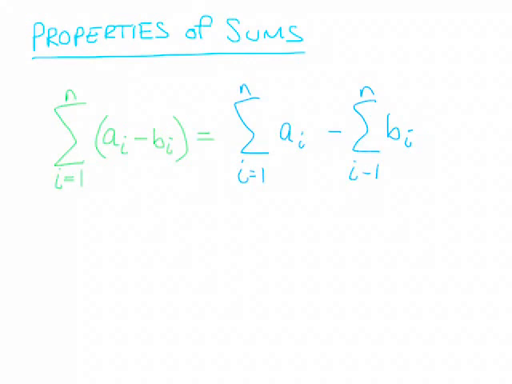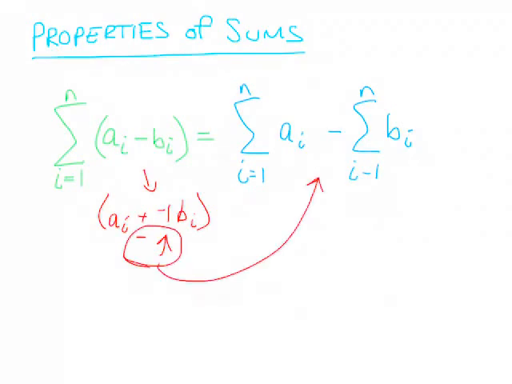I could argue that this was simply an a sub I plus a -1 times a b sub I right here. And if that's the case, then I can separate it based on the last property on the addition. And with the constant multiplier, I can pull that factor out, and that together is going to get us that subtraction there.